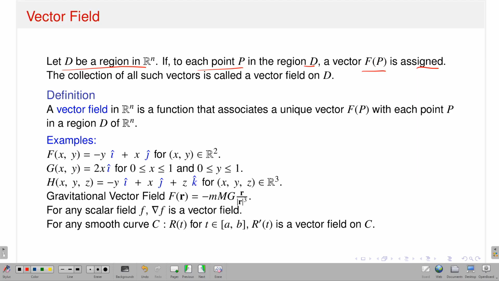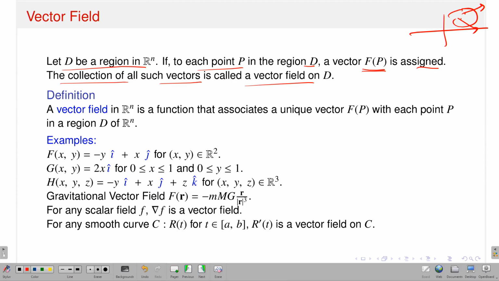Suppose this is my Rn, or of course R2, and suppose I have a domain D. At each point I will have a vector. So, for each point P in the region, a vector f of P is assigned. The collection of all such vectors is called the vector field on D. So I start with a nice domain D in Rn, consider a point in that domain, associate a vector with it, and do this for each point.